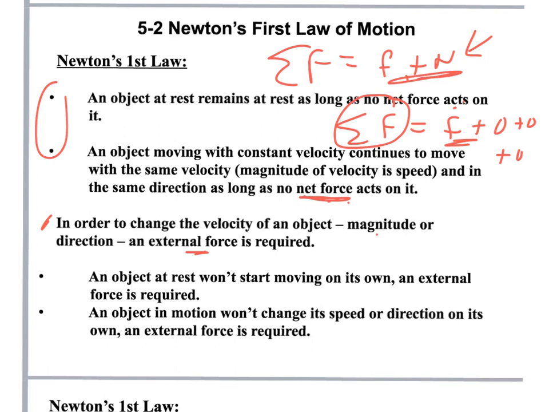The external force is your foot. You put the foot on the brake, or back on the gas pedal and press a little harder to speed up, or press on the brake to slow down. That force, your foot, takes you off of cruise control. So again, an object at rest or an object in motion requires an external force to make it change.